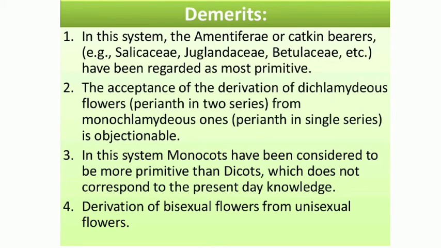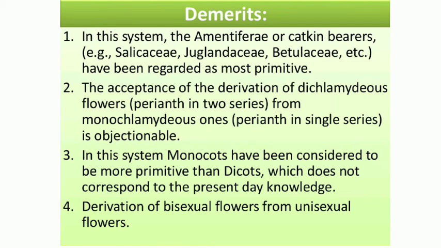In this system, the Amentiferae or catkin bearers like Salicaceae, Juglandaceae, Betulaceae, etc. have been regarded as most primitive. Means the members of these families and many more have been regarded primitive, but they have more advanced characters than the other plants. Second demerit is the acceptance of the derivation of dichlamydeous flowers from monochlamydeous flowers is objectionable.